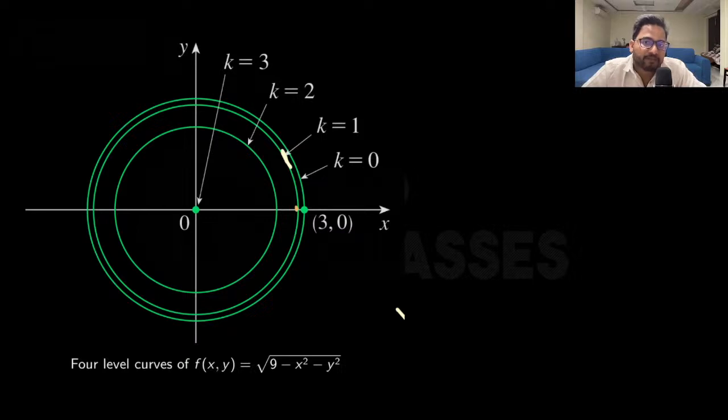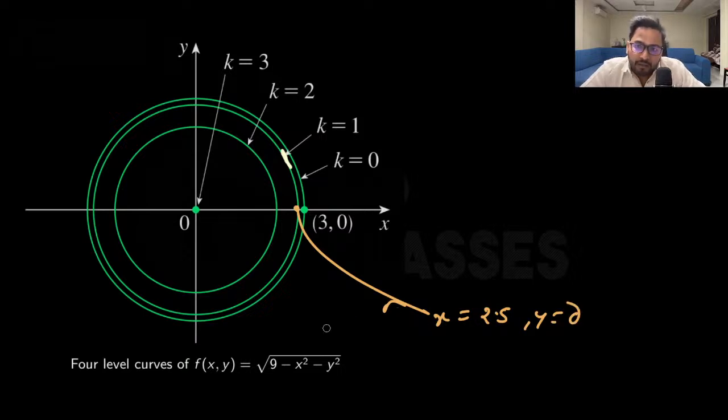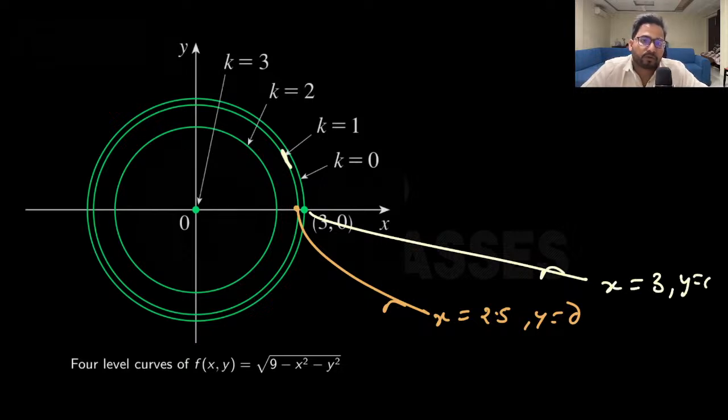Let's suppose you are at a point where x is lesser than 3, say 2.5 or something, and y is 0. Now you are going to this point by increasing x. Suppose you made x equal to 3 and y equal to 0, right? So you just changed a little bit here.